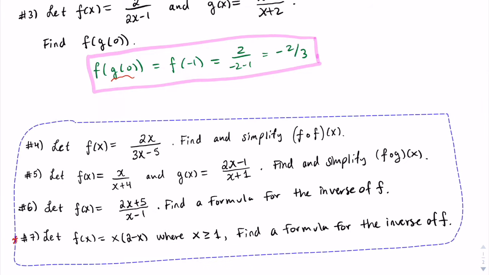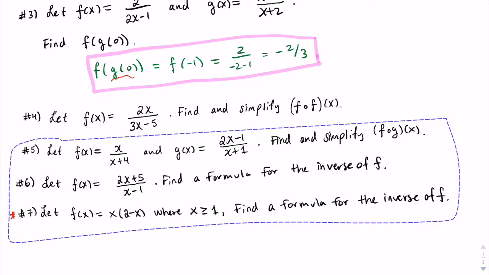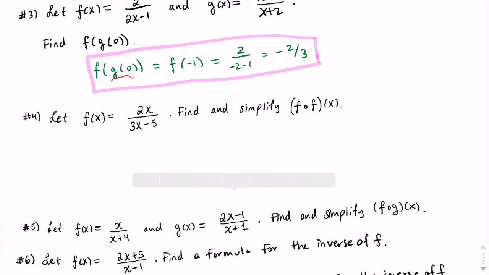What about for number 4? Let's see. They just give you one single function and they ask you to find the composition of f with itself, right? So let's see. This will be f of f of x, like this. And f of x is 2x over 3x minus 5.